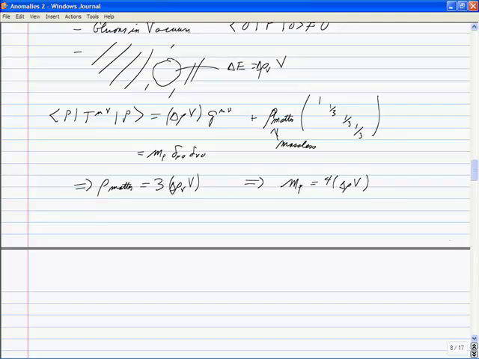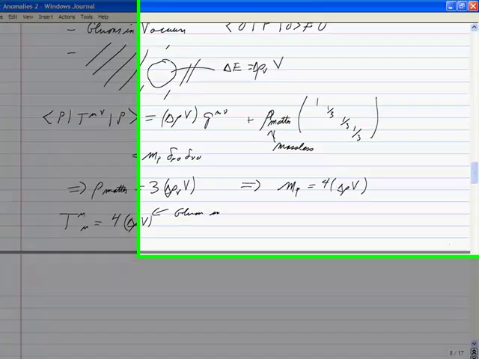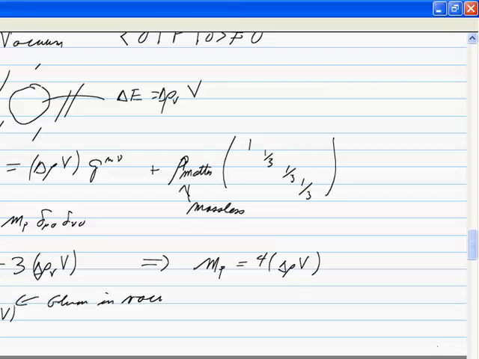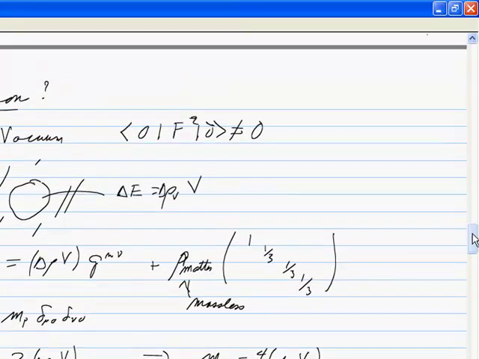Just by looking at the equation, it's also true that T mu mu is 4 delta rho times V, which is basically the gluon stuff in the vacuum. So the physical picture actually works out numerically just right.